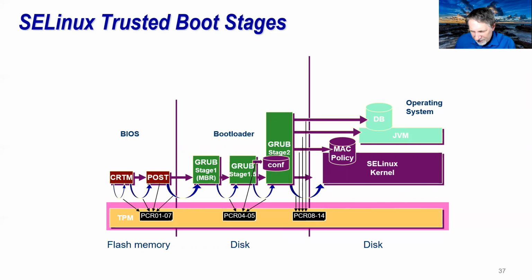So how do you do that? Well, what you do is you write the hashes of all these components into the TPM trusted storage. And before you put the component in memory and jump to it and start executing it, you take a hash of that value. You compare it to the hash in your trusted storage.